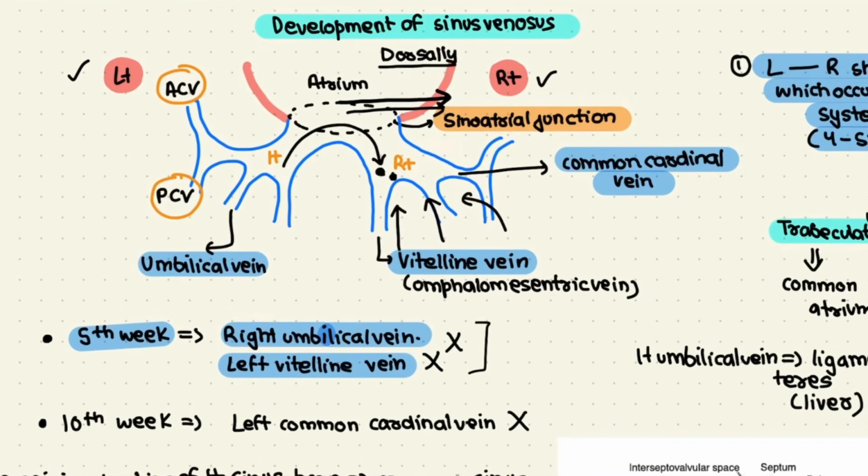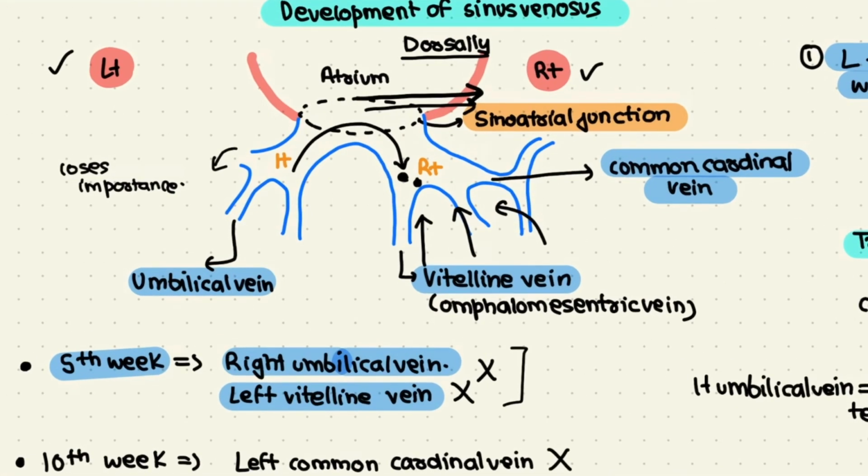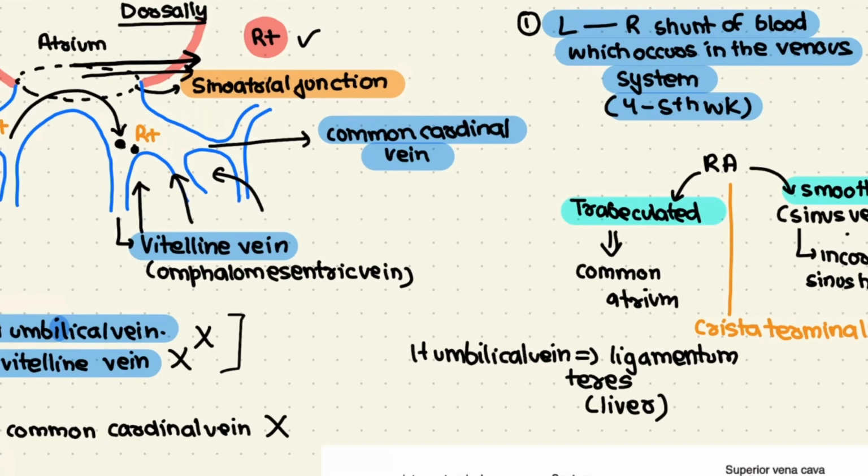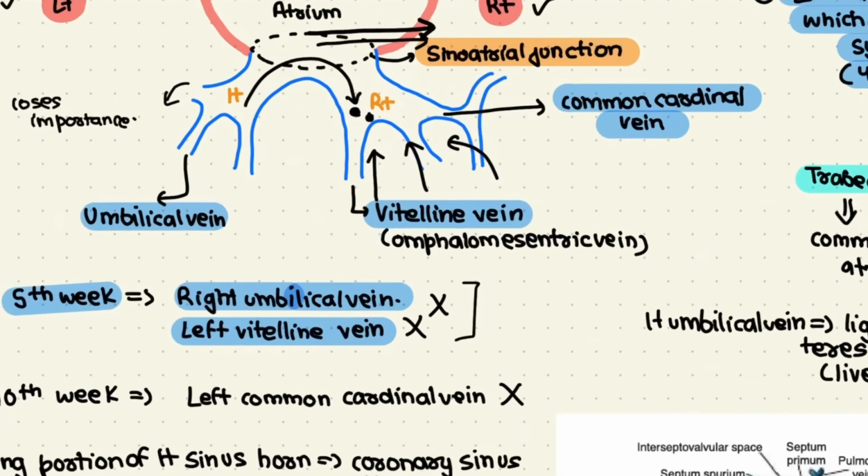As the left vitelline vein degenerates, the left sinus horn loses importance. And we have more importance for the right sinus horn, which was also facilitated by the left to right shunts of blood occurring in the 4th to 5th week of development.